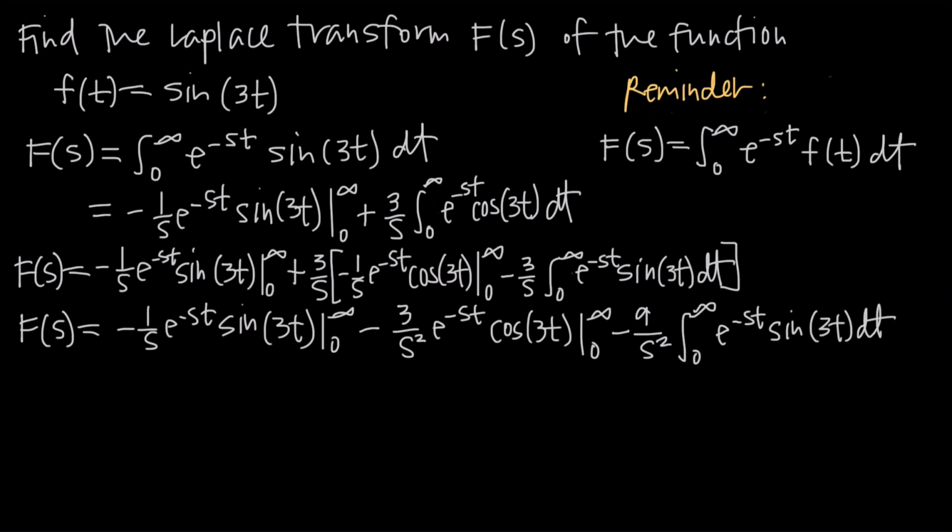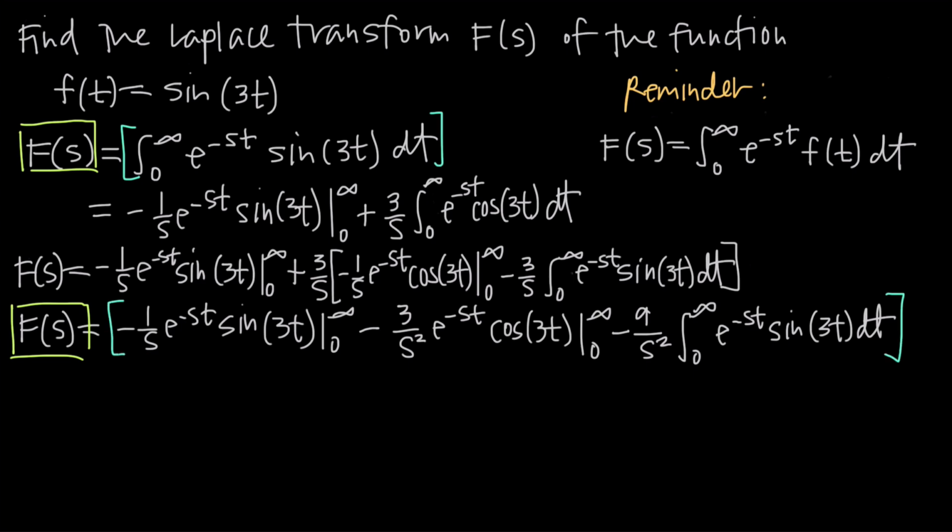So what we want to realize now is that because this whole right-hand side here is equal to F of s, and this right-hand side here is equal to F of s, since both of these things are equal to F of s, that means they're equal to each other. So we can set this value here equal to this value here.